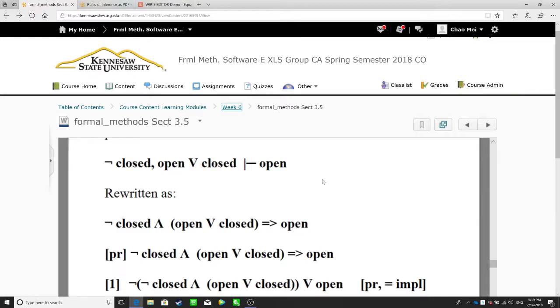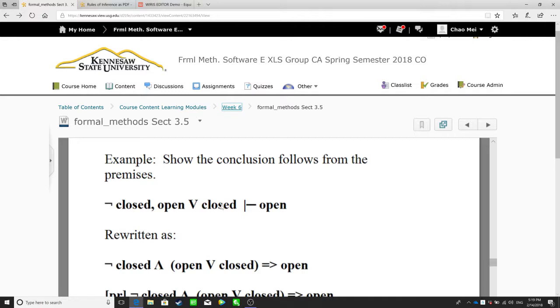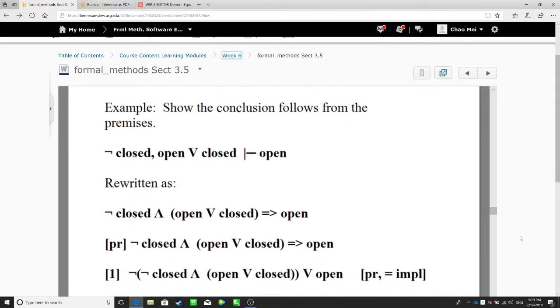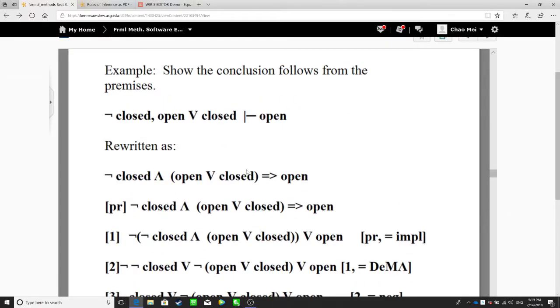Whenever you read the question, some of the questions will directly give you this thing: closed, open, closed, open, closed. You need to rewrite it as the conjunction, and rewrite this conjunction and implication.